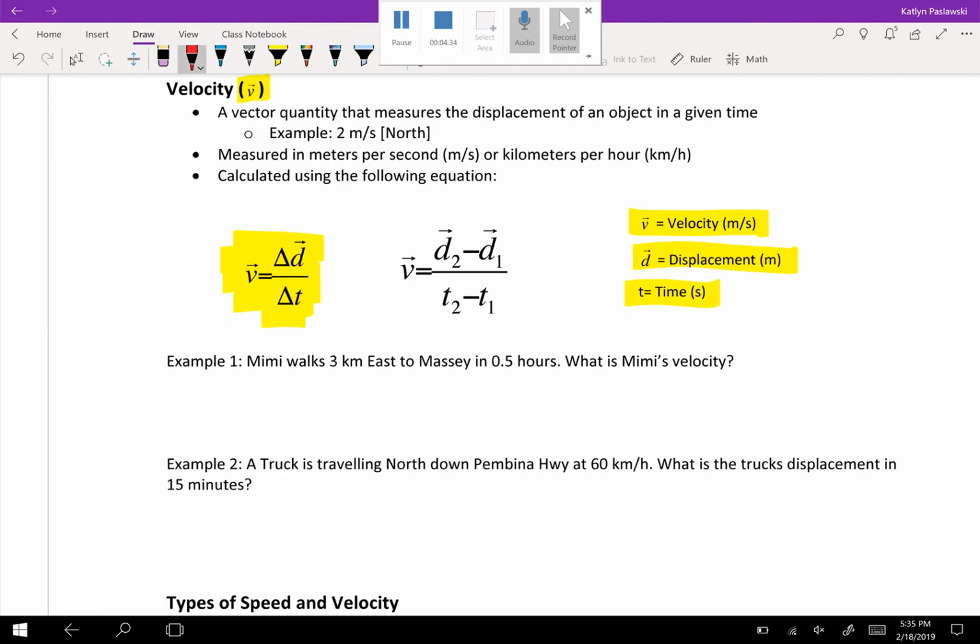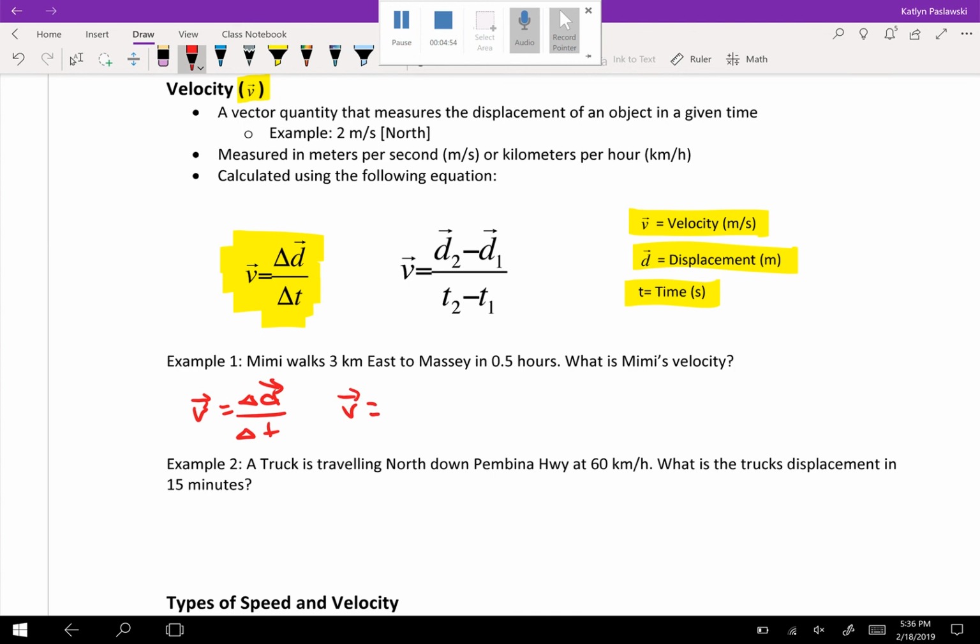Here we have an example of how we're going to calculate velocity. Mimi walks 3 kilometers east to Massey in half an hour or 0.5 of an hour. What is Mimi's velocity? So we're going to start off with our formula, change in displacement over the change in time.